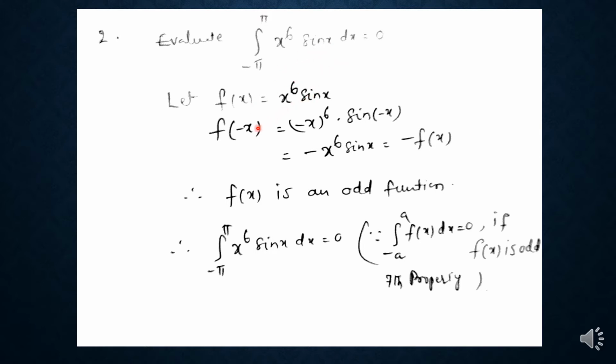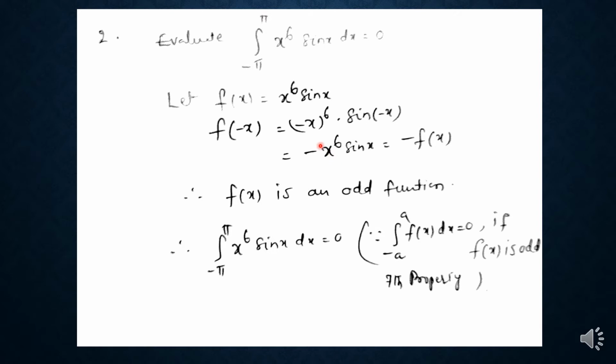So to check whether it is even function or odd function, after taking the given function, put x is equal to minus x. That becomes minus x whole to the power of 6 into sine of minus x.